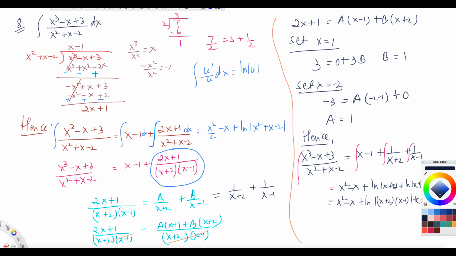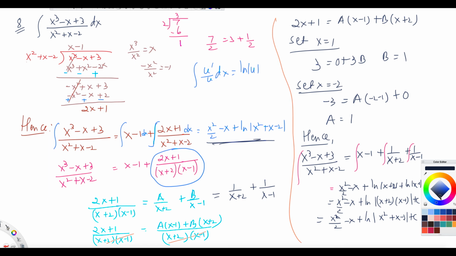And then plus c. So you will get exactly the same answer there. Oh, by the way, integral of x is x squared over 2. So you get x squared over 2 minus x plus natural log of x squared plus x minus 2. That's what you get if you simplify that, and then plus c. That is the final answer.